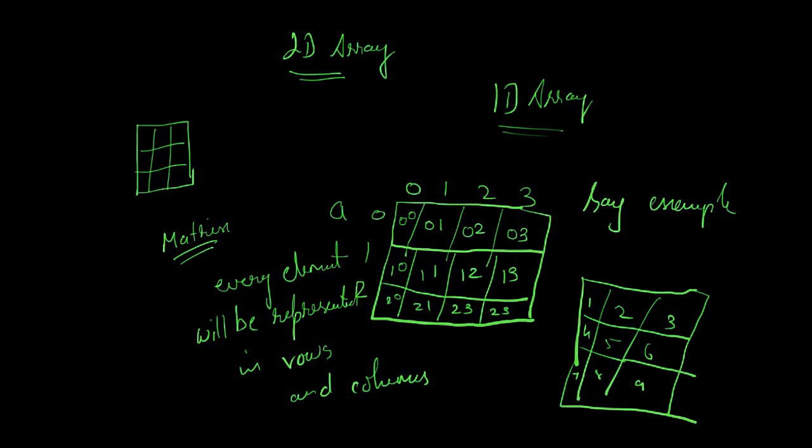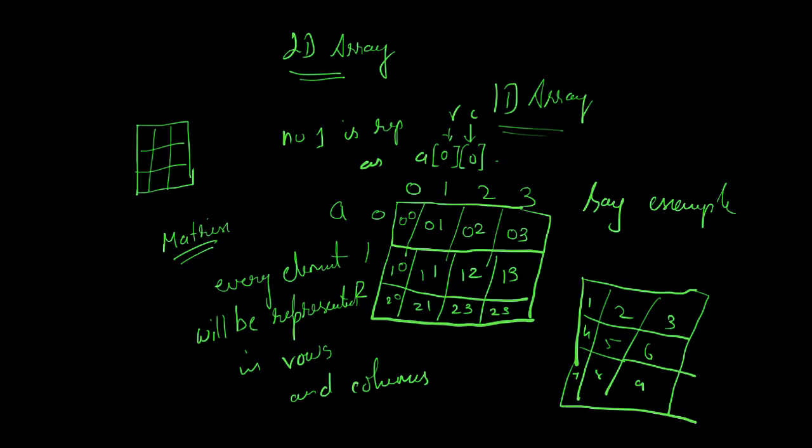If I want to represent any number like 1, number 1 is represented as A of 0 and 0. The first index represents the row and the second represents the column.